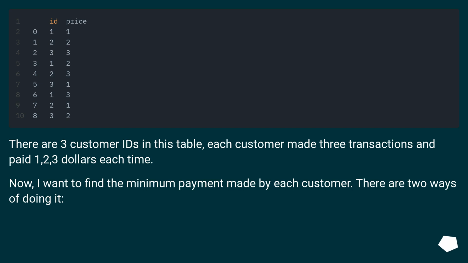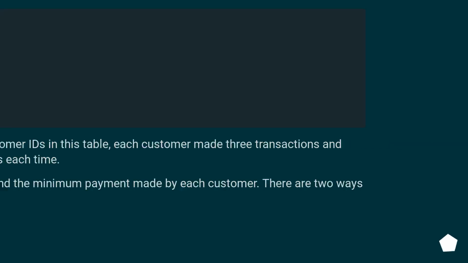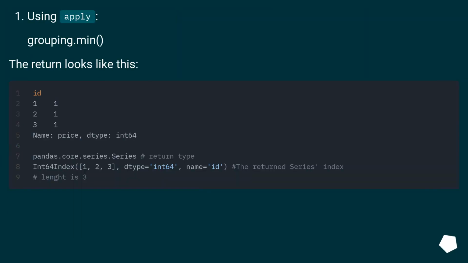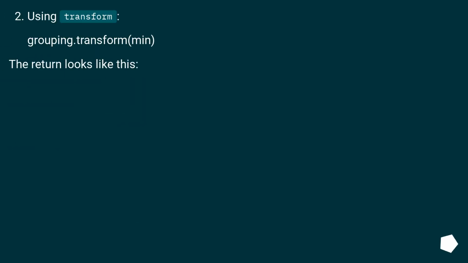There are 2 ways of doing it. Using apply: grouping.min. The return looks like this. Using transform: grouping.transform min. The return looks like this.